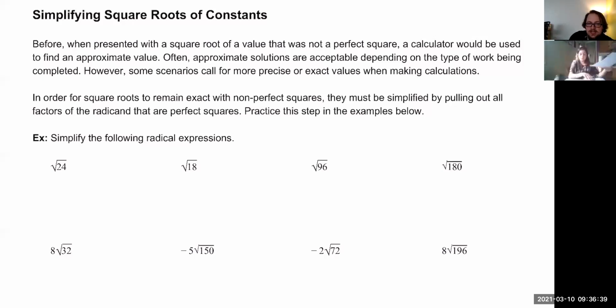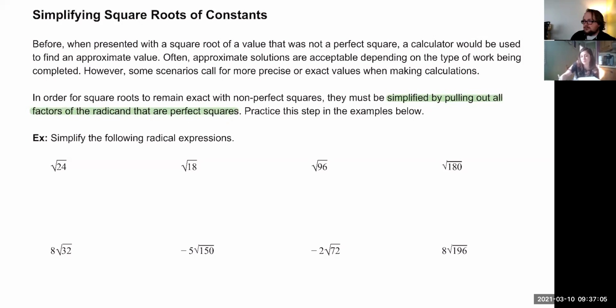So in order for square roots to remain exact with non-perfect squares as the radicand, they must be simplified by pulling out all factors of the radicand that are perfect squares. I'm going to highlight that.